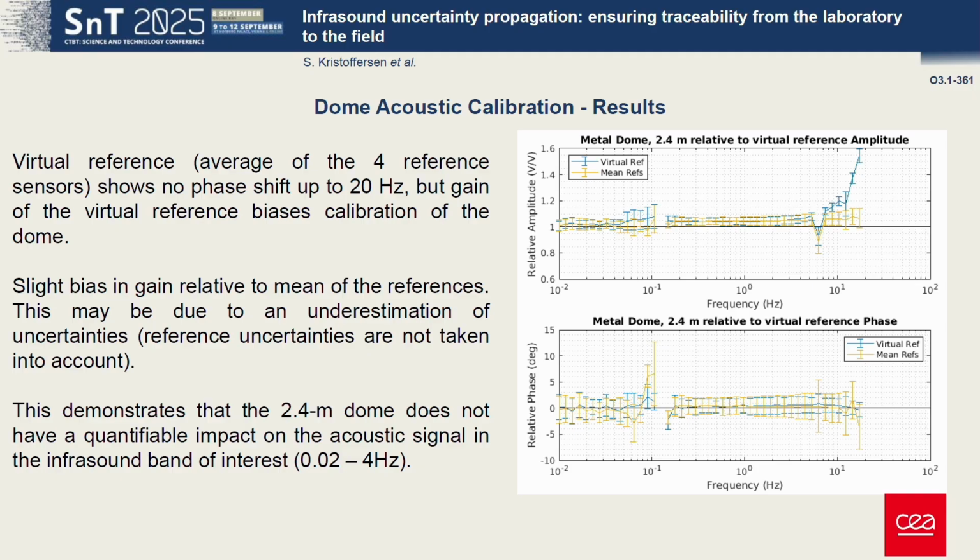The blue shows the results relative to the virtual reference, and we can see that the gain goes up in the blue, and it stays flat in the yellow, which is the comparison with the average of each individual reference calibration. That blue curve going up is because there's a transfer function associated with that virtual sensor, so it's not actually the sensor under test or the dome. When we do the mean references, we get a flat response.